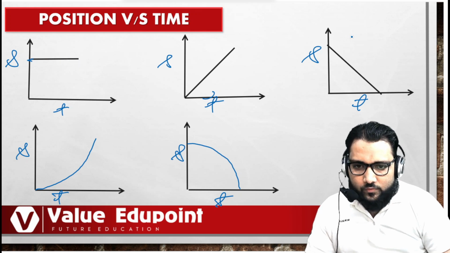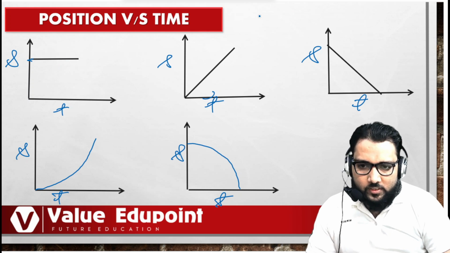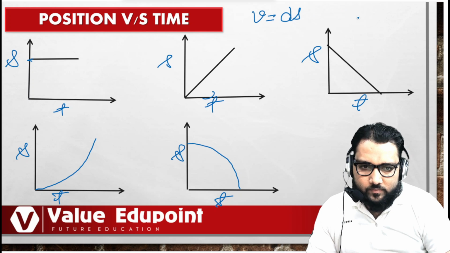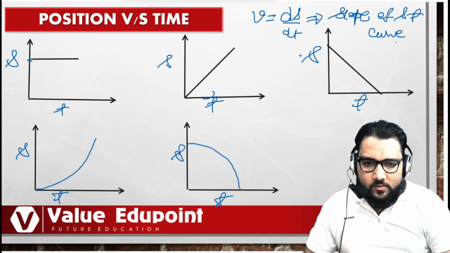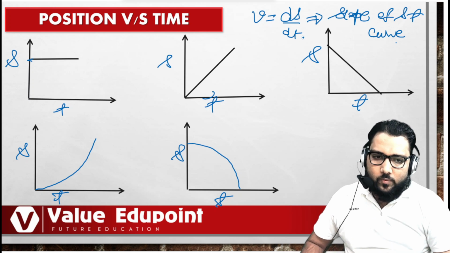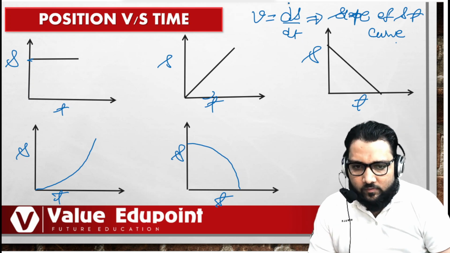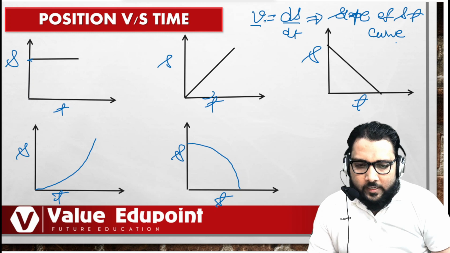So we know from differentiation that the velocity is equal to ds by dt, which is the slope of the st curve. So ds by dt gives the slope of the st curve, and that gives the velocity.